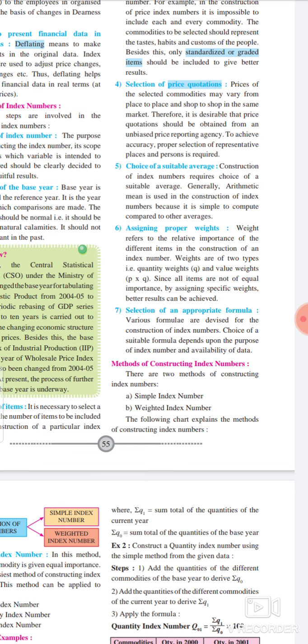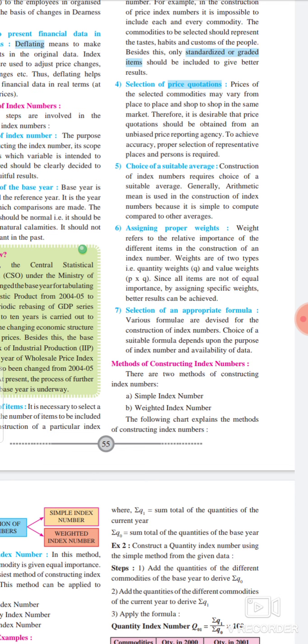Number five point is the choice of suitable average. The construction of index number requires choice of a suitable average. Generally, arithmetic mean is used in the construction of index number because it is simple to compute compared to other averages.